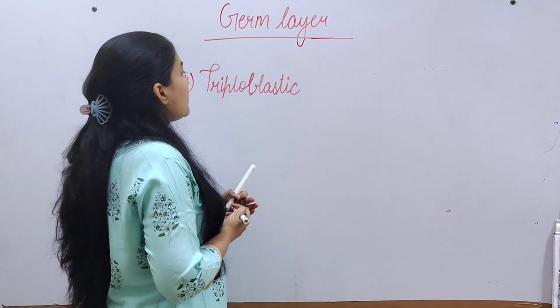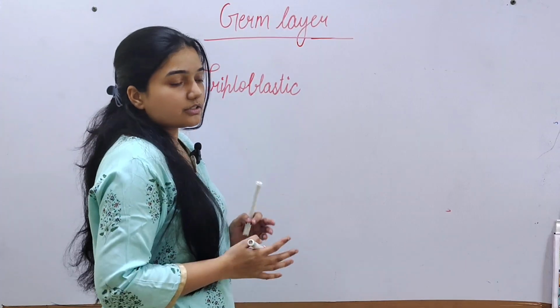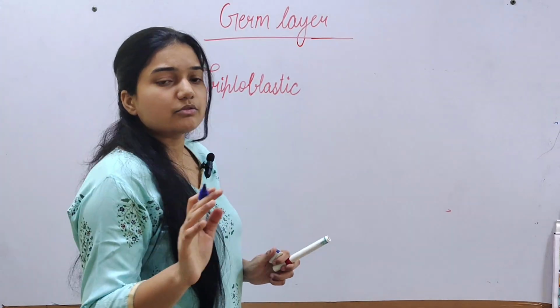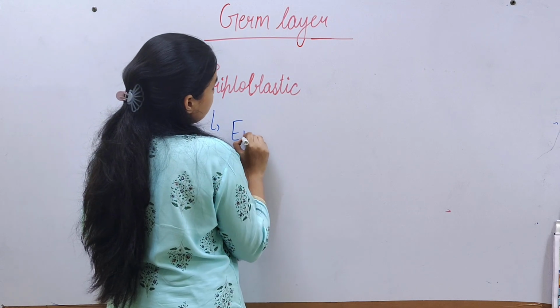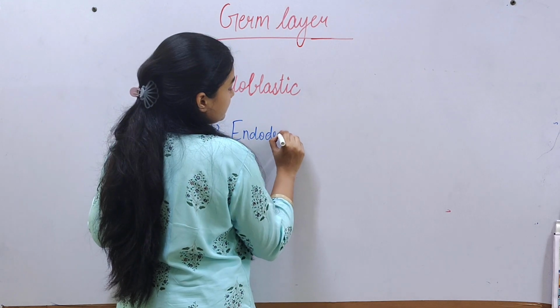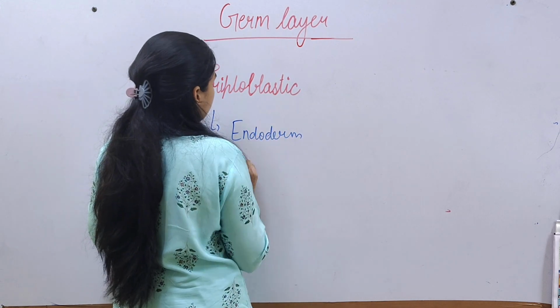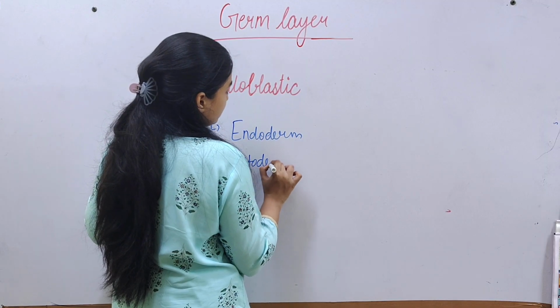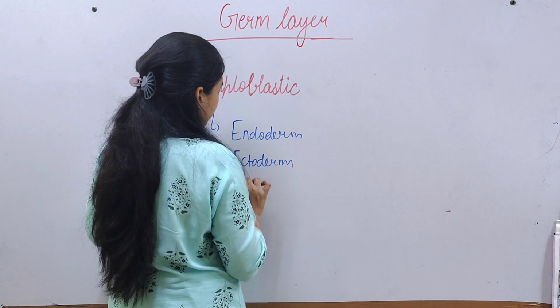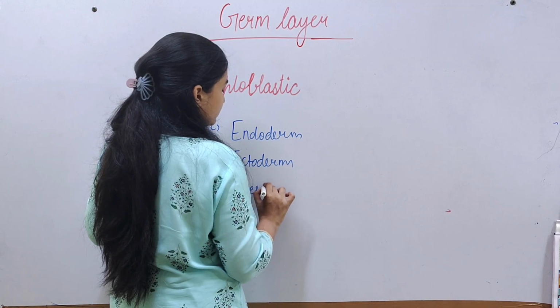According to its name, triploblastic, it contains three types of layers: endoderm, ectoderm, and the third one is mesoderm.